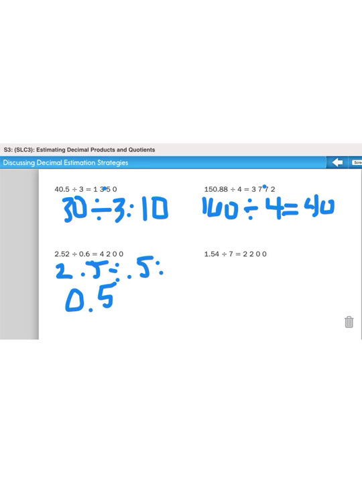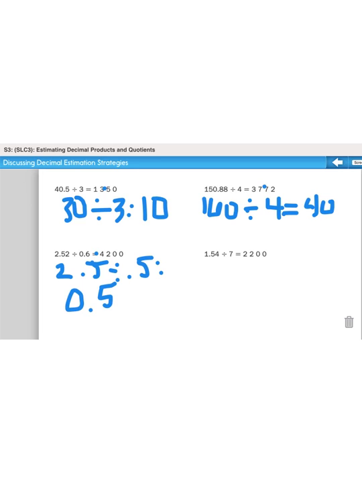Now, I know that my answer is going to be close to 5, so I'm going to put my decimal point just in front of the 4. So my answer would be 0.4200.